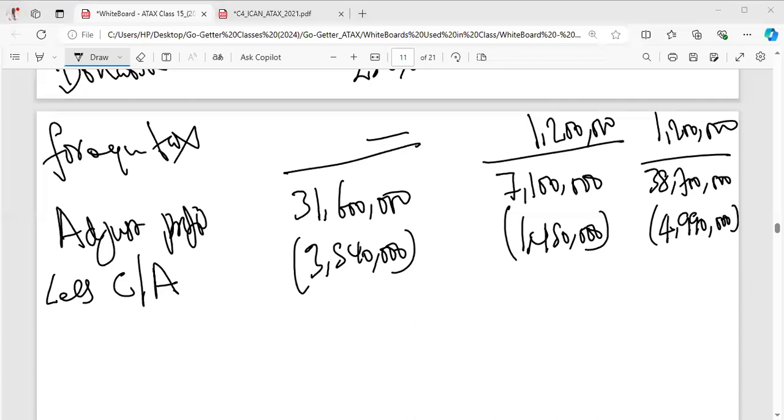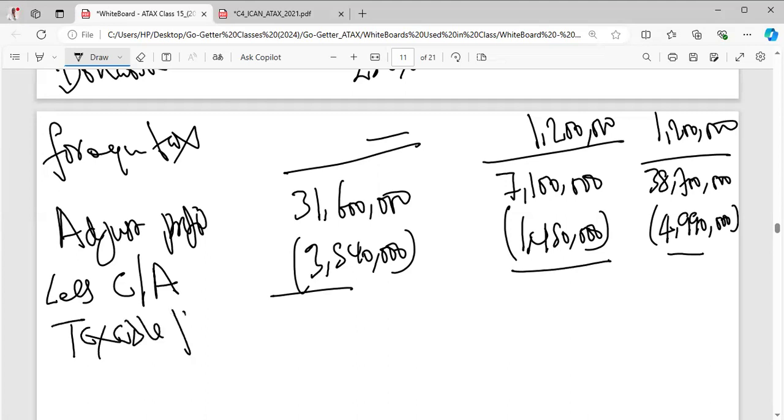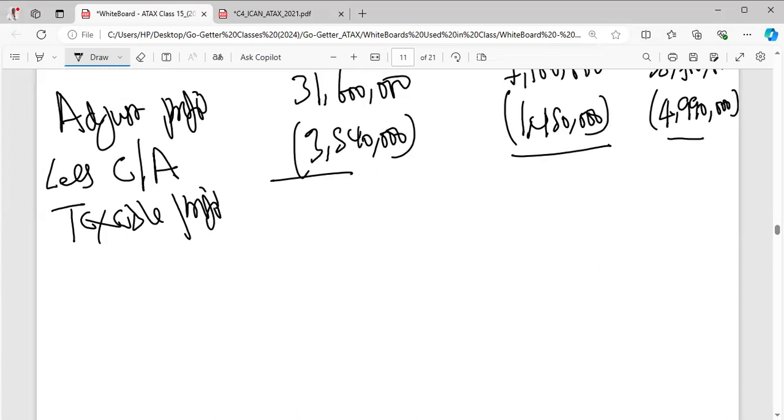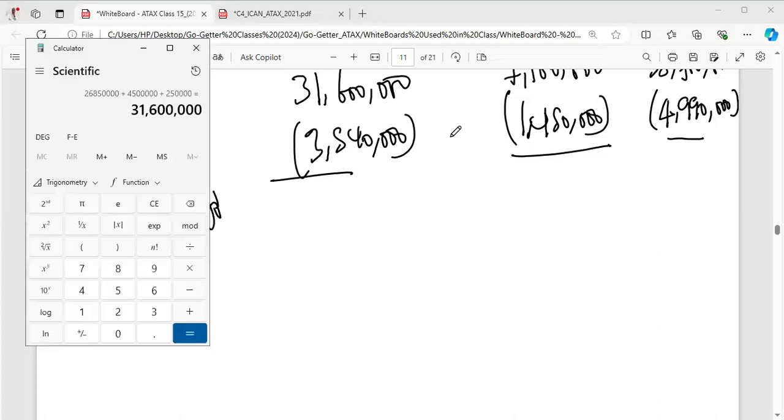Okay. Then let's look at the taxable profit. Only Nigeria, minus 3,540, should give us 28,060.